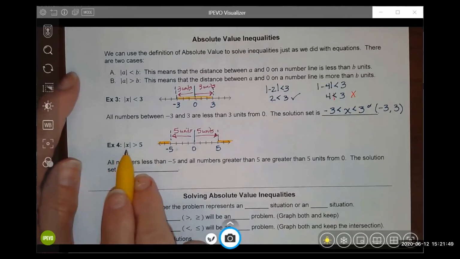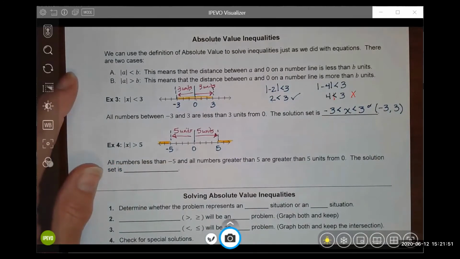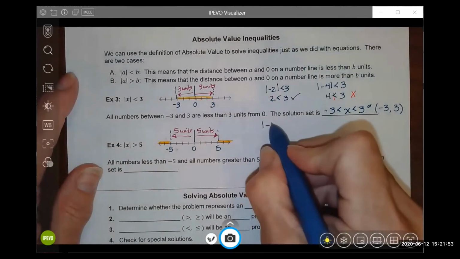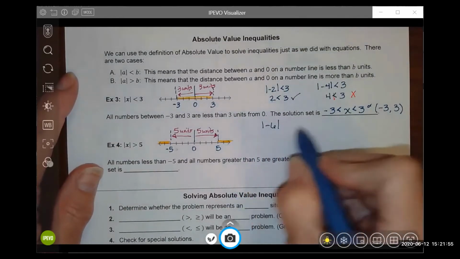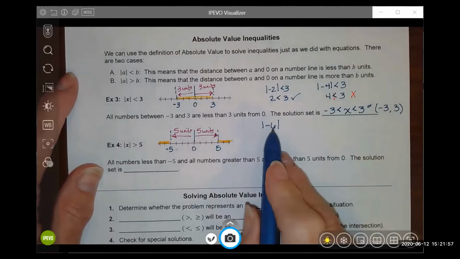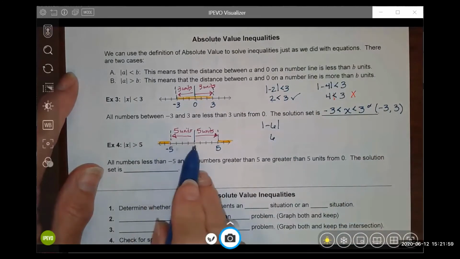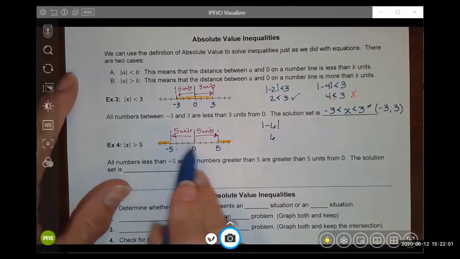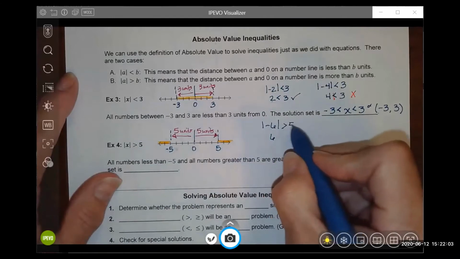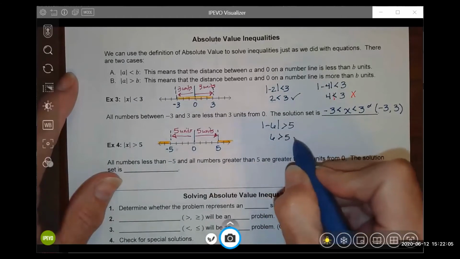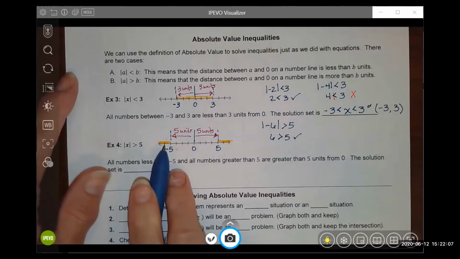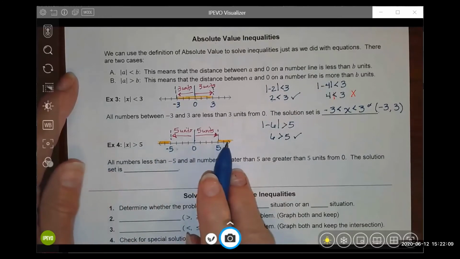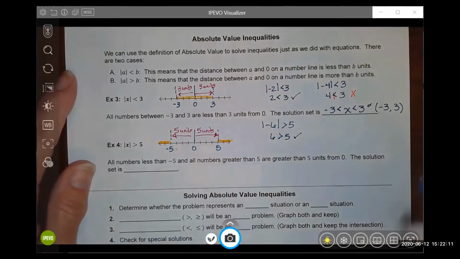Take -6, for example. The absolute value of -6 is 6, right? The distance from -6 to 0, that's 6 units. Is 6 greater than 5? Yes, it is. So -6, and for that matter, 6, would lie inside our solution set.